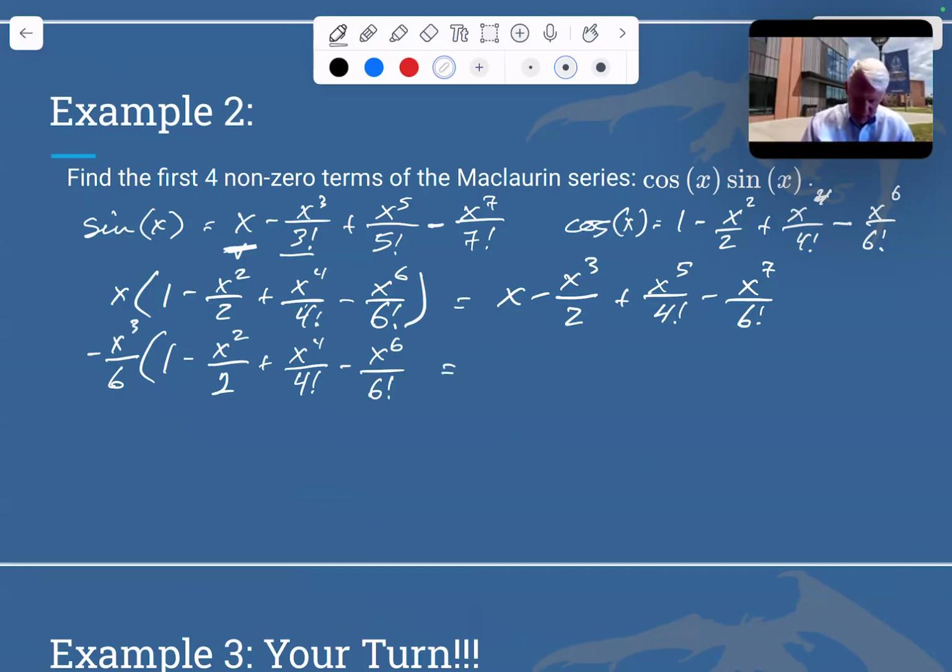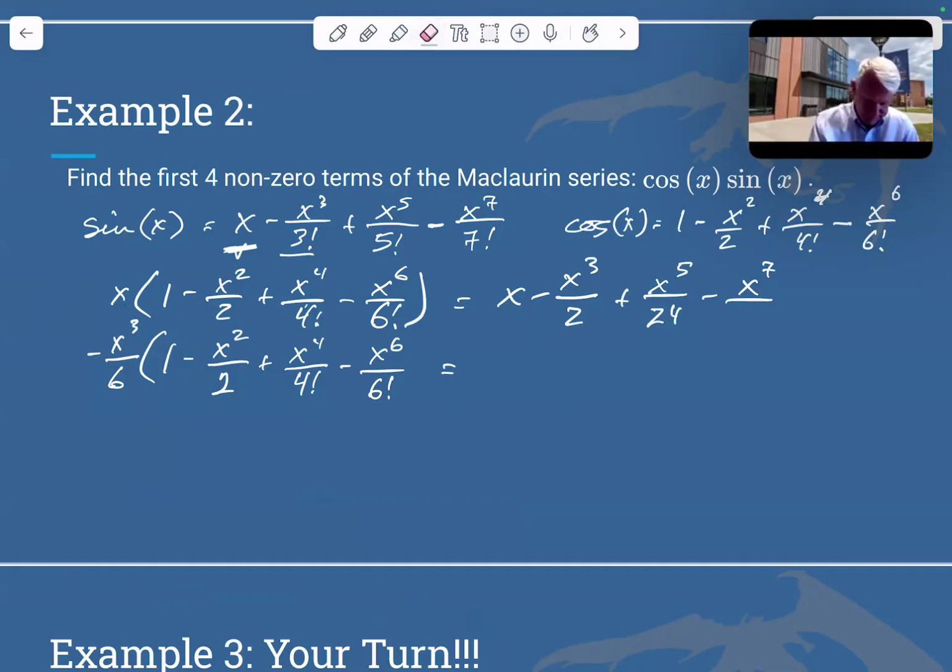All right, and it looks like I'm going to be combining terms. So 4 factorial is 4 times 3 times 2, so that's going to be 24. 6 factorial is going to be 720.